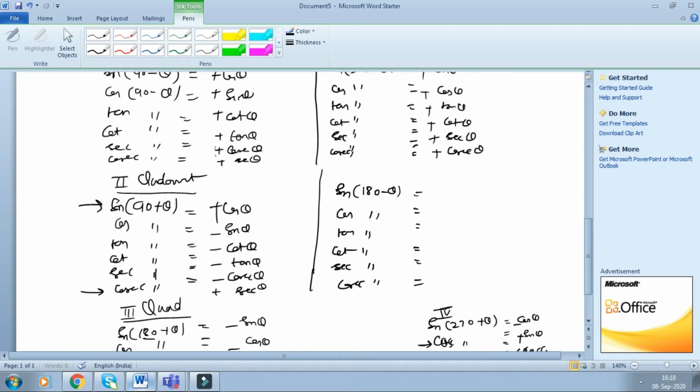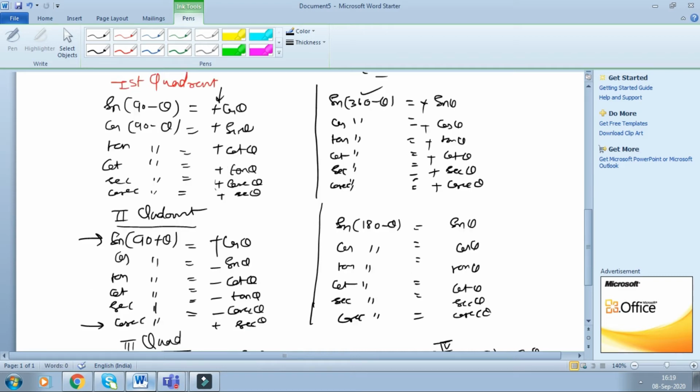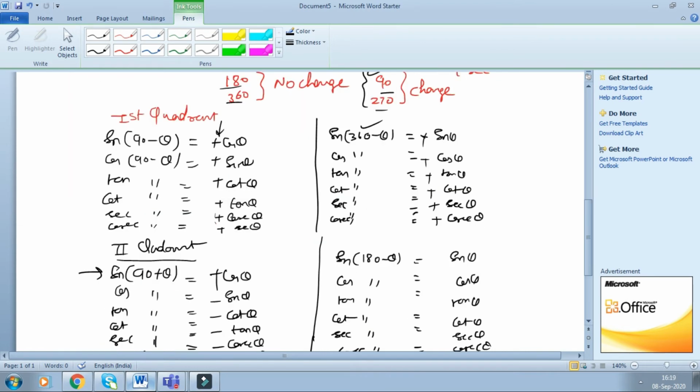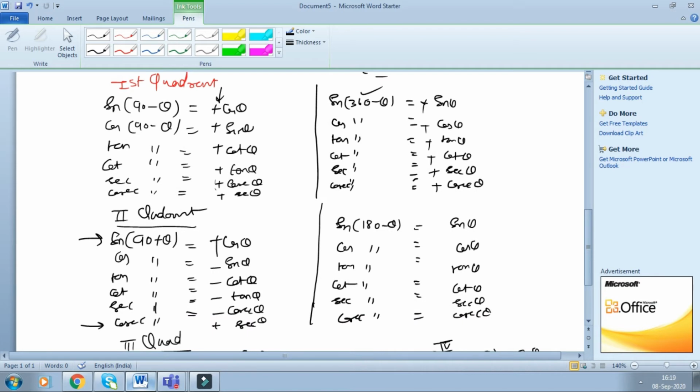In 180 there is no change, so sine remains sine, cos remains cos, tan, cot, sec, and cosec. The whole thing you have to learn is the signs. For the second quadrant, only sine and cosec are positive. So I'll mark here sine and cosec as positive, and the rest I'll make negative. This is how the quadrant system can be constructed.